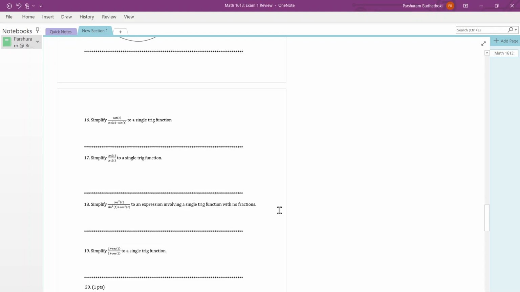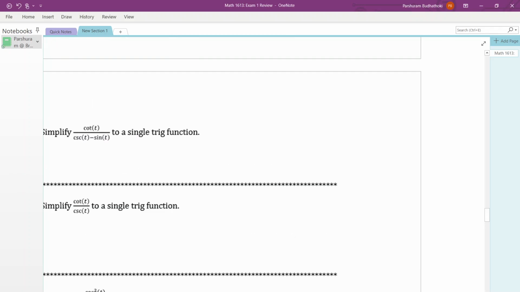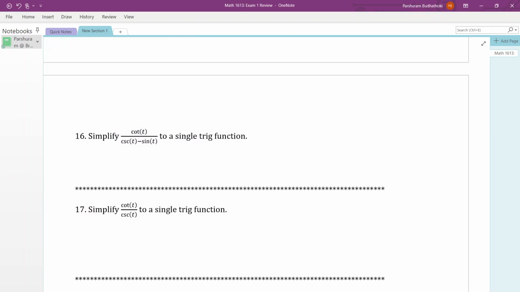Problem 16. Simplify this trig function to a single trig function. So once again, you have to know the relation between the trig functions. To simplify this, I am going to plug in the values: cotangent means cosine over sine, and then cosecant means 1 over sine, and there is a sine.